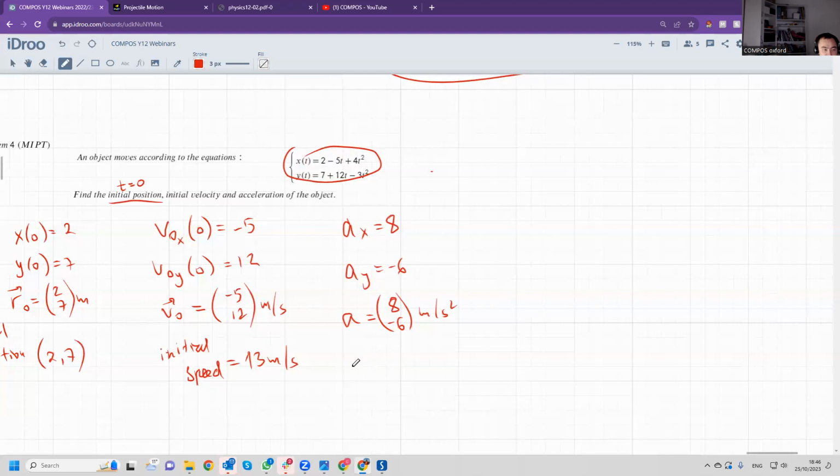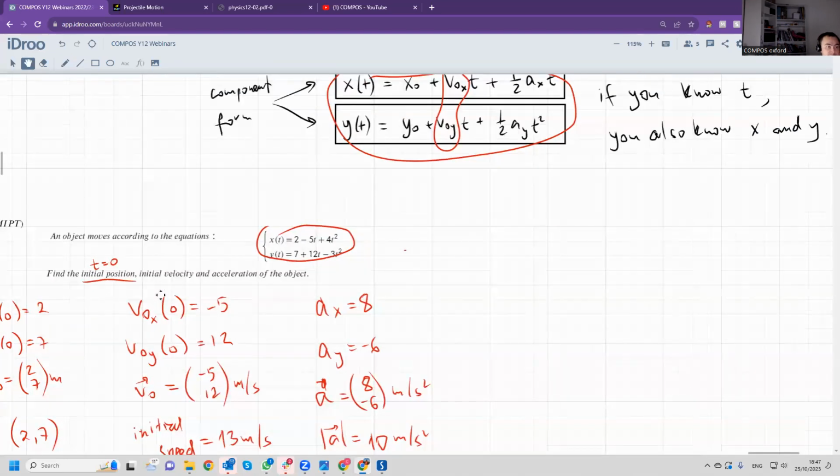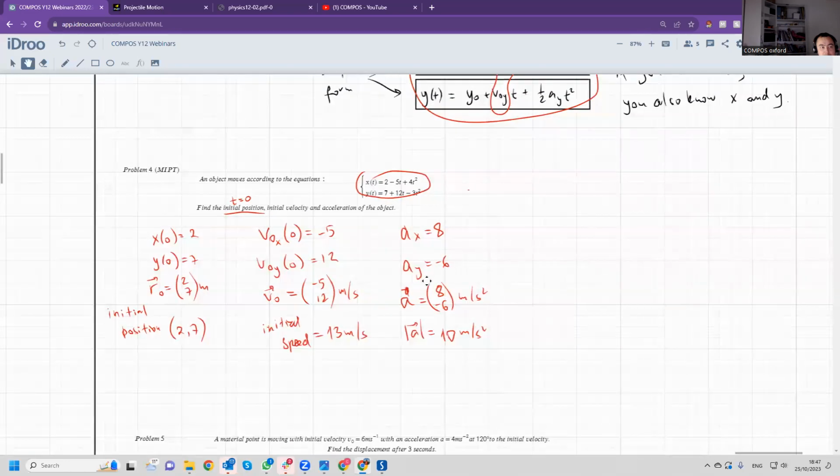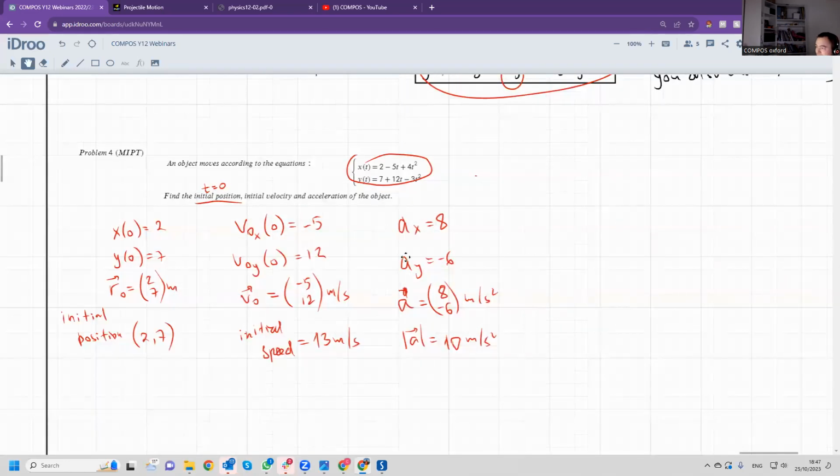And the modulus of the initial acceleration is 10 meters per second squared. The acceleration is 10 meters per second squared, but it is a vector with components 8 and 6, right? I hope that makes sense.